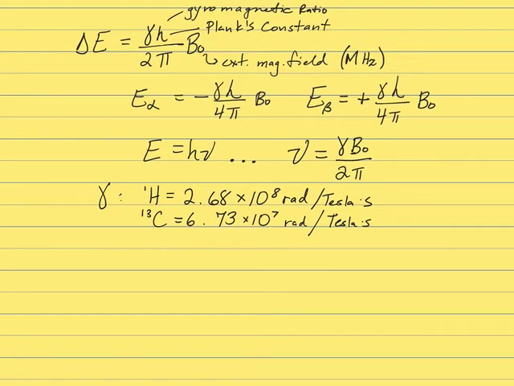So the ratio of these spins, nj to n naught, is equal to 1 minus nu h B naught over 2 pi kT.